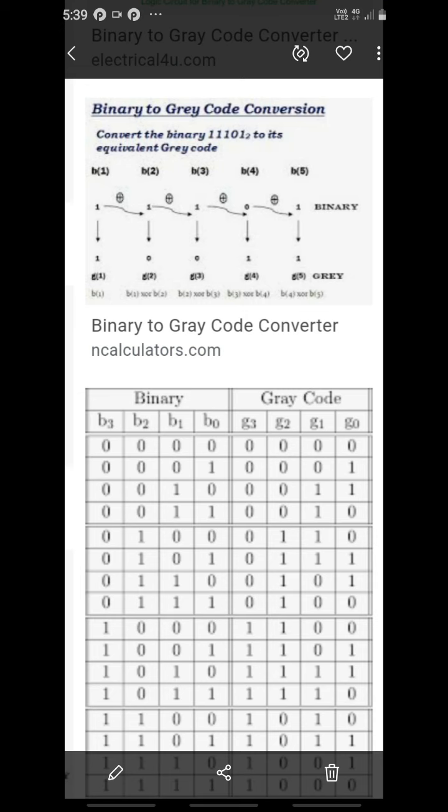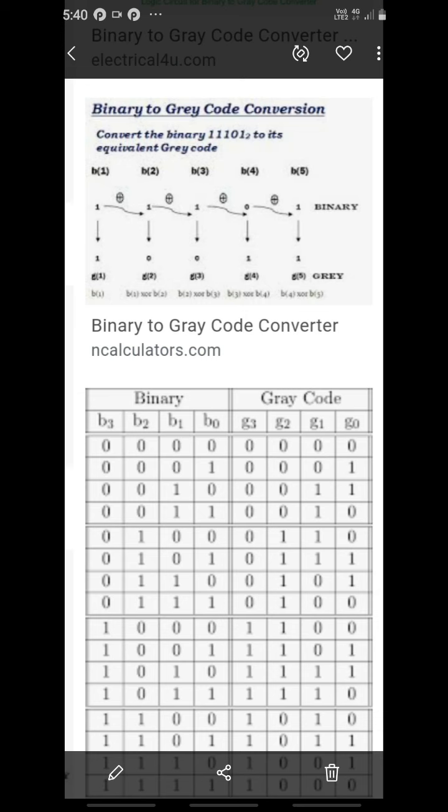Take another in the given table, that is 1100. The MSB is as it is, that is 1, and next add this MSB to the next bit: 1 plus 1 is 0, and next 1 plus 0 is 1, and 0 plus 0 is 0.